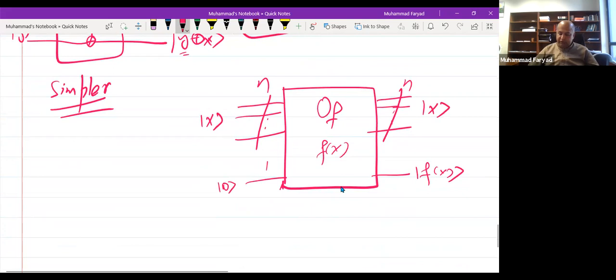If you wish, you can call it an amplitude oracle, because whatever f of x is, it appears right over here.